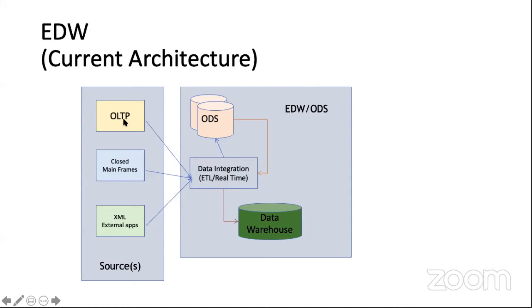There might be one dashboard which is primarily sourced from data from this OLTP system and also a closed mainframe system. Now, if you want to troubleshoot that report, you have to go to the sources and start troubleshooting the issue, which is a bit tedious and also very time consuming.